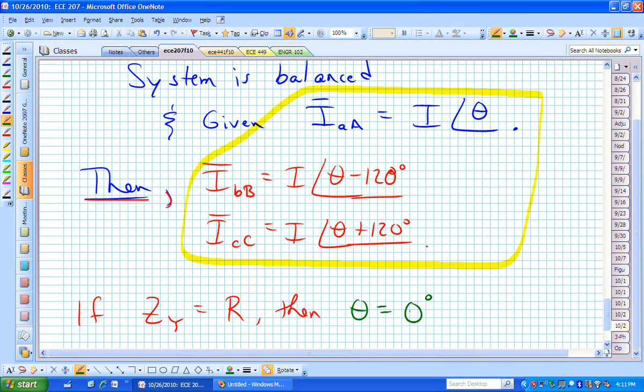And I don't have any impedance on the line. That's an assumption. But in a real system, the impedance of that line from source to load is negligible compared to the load. So we're going to just neglect it and assume that we have a pure, ideal, non-resistive wire between source and load to give us a feel for what's going on.